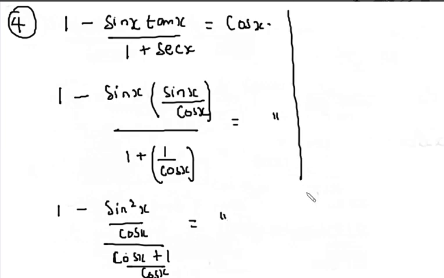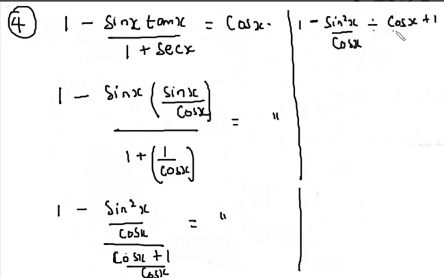Okay, so this is 1 minus sine square x over cos x, divided by cos x plus 1 over cos x.